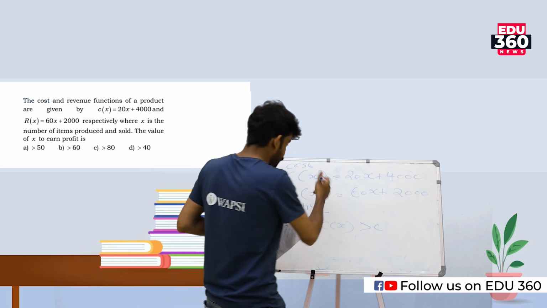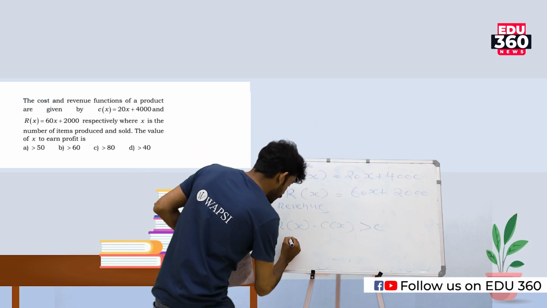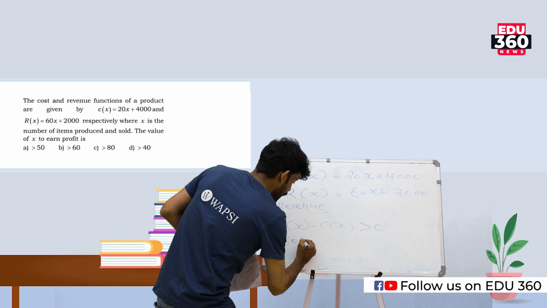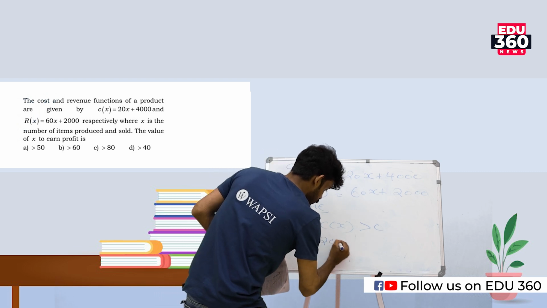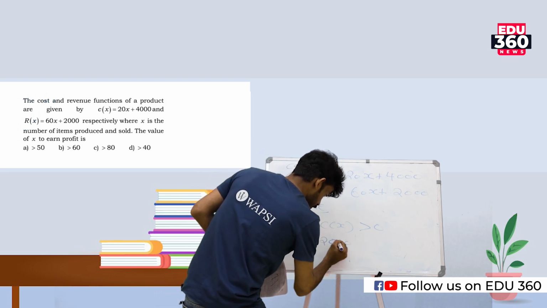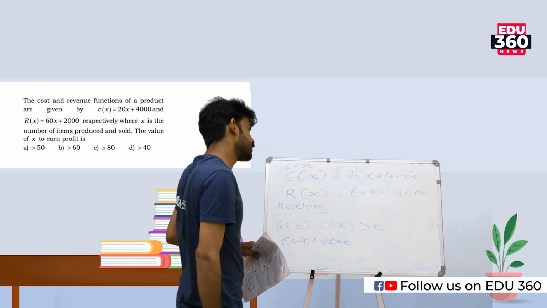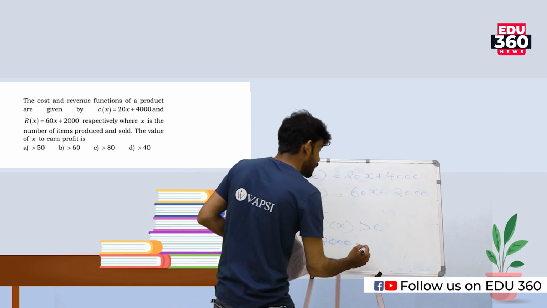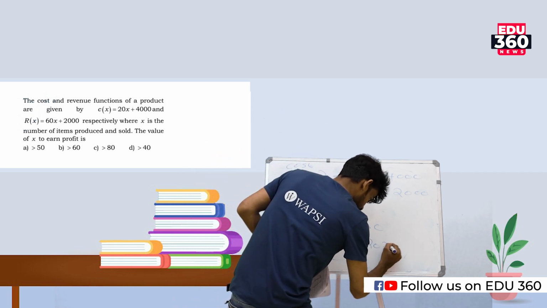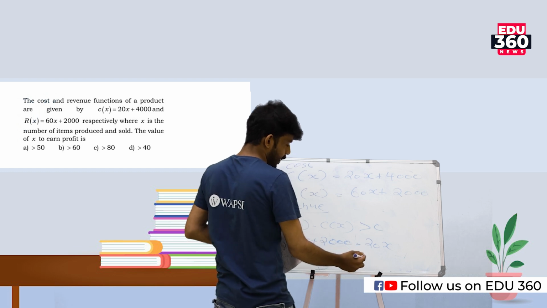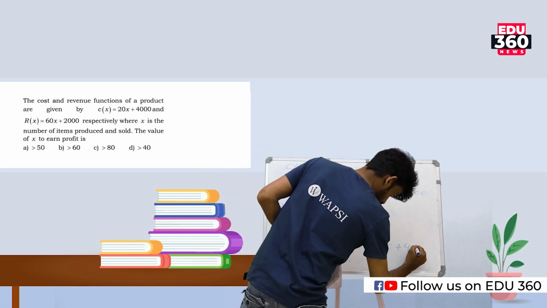So hereafter R of x, that is 60x plus 2000 minus 20x plus 4000.